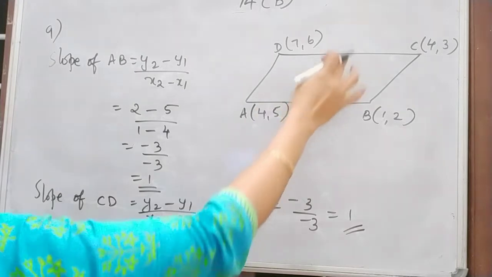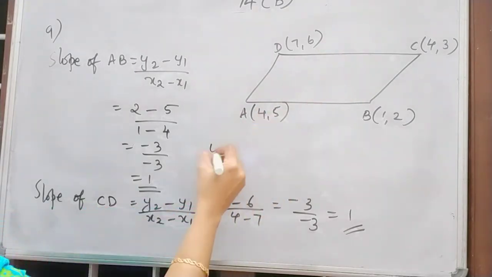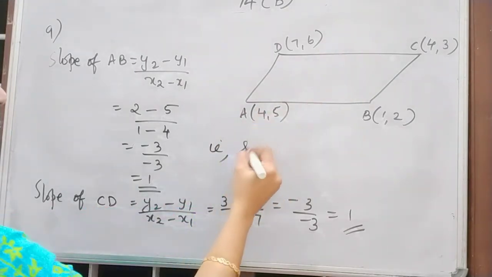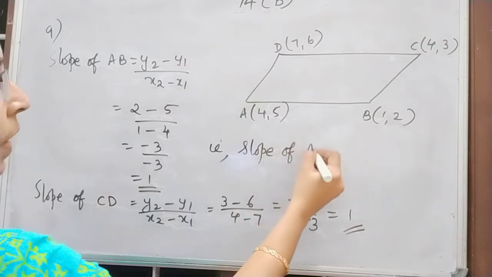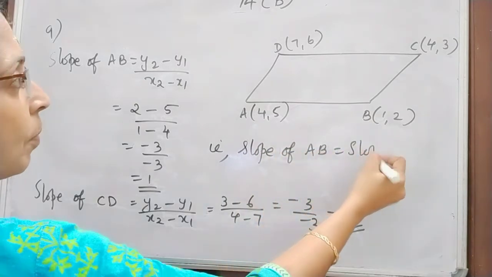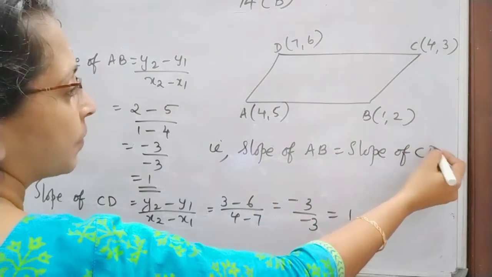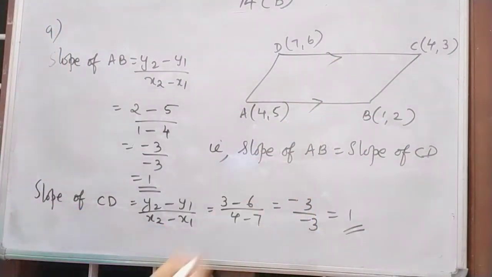That means the slopes of these two are equal, that is, slope of AB is equal to slope of CD. So these two are parallel.